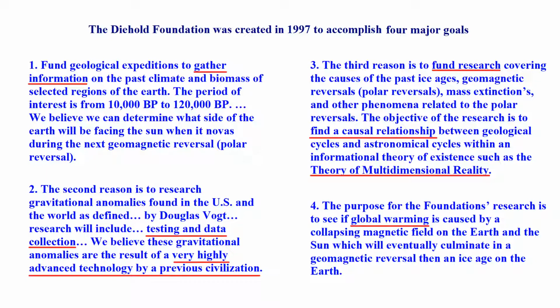Global warming is caused by a collapsing magnetic field on the Earth and the Sun, which will eventually culminate in a geomagnetic reversal, then an ice age on the Earth. Okay. So he's going to argue that we're going to have a reversal of the poles, polar reversal.